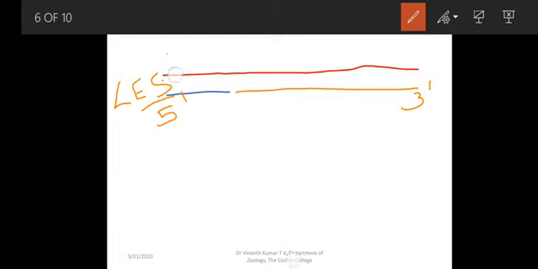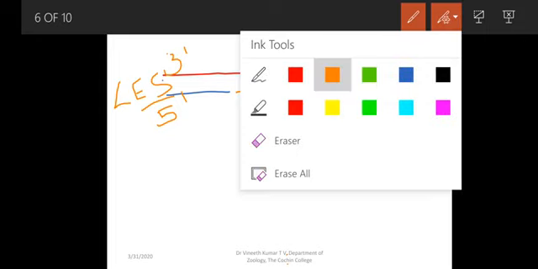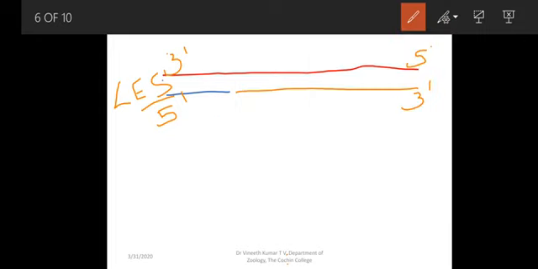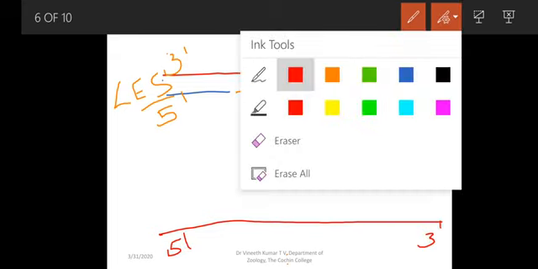The template is the red one, which is 3' to 5'. We are done with that, and now we are concentrating only on the lagging strand, on the strand which was here.